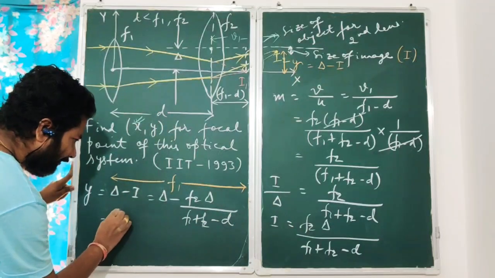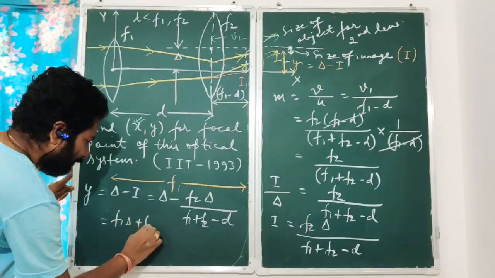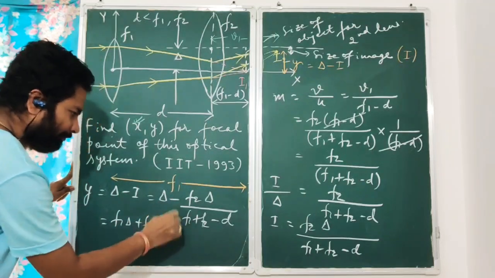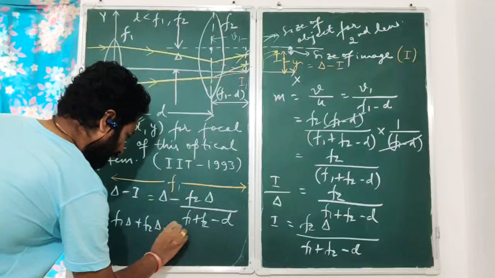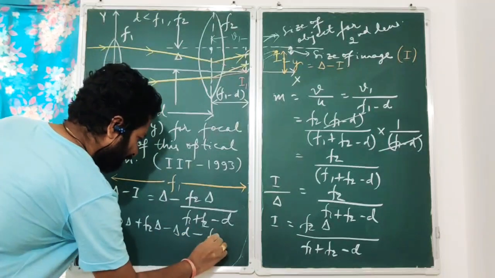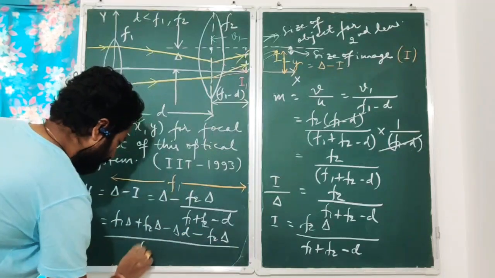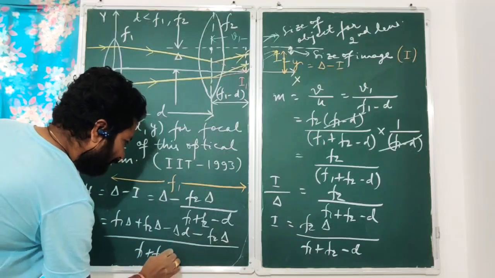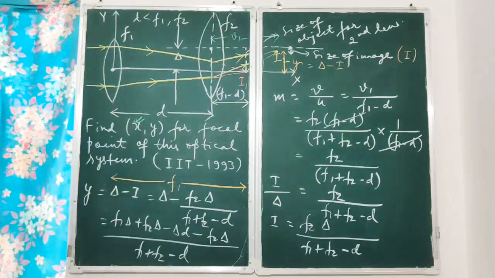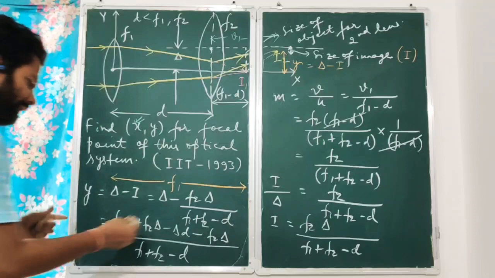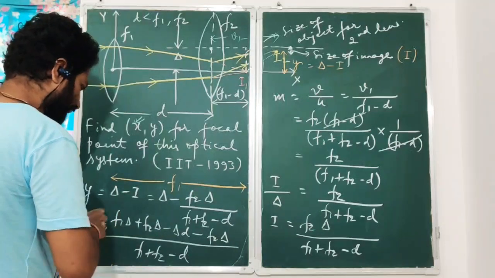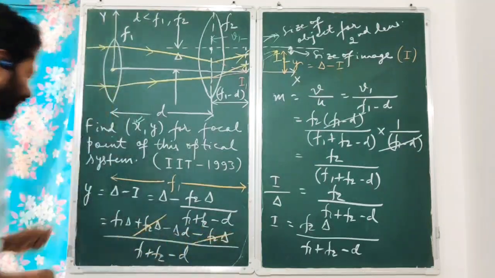So this can be written as F1 delta plus F2 delta minus delta into D minus F2 delta, whole divided by (F1 plus F2 minus D). Is anything getting cancelled out? Yes, this term is getting cancelled out, so remove this.